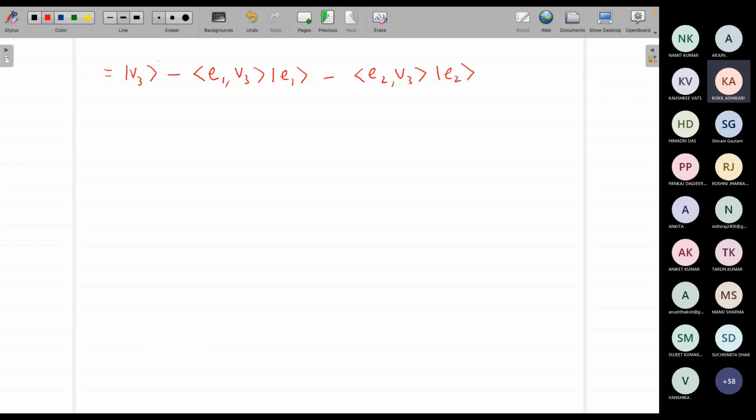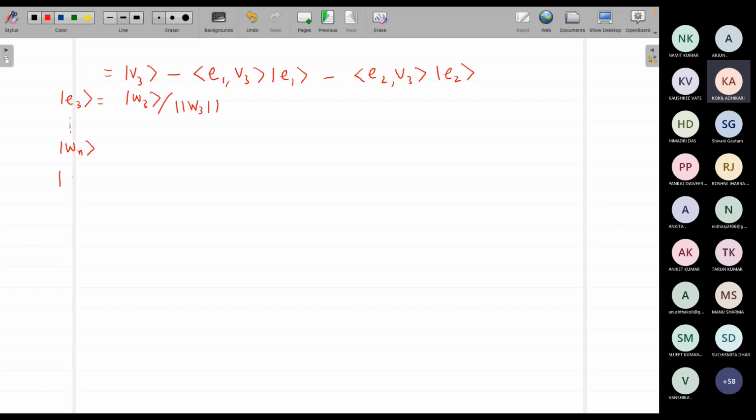Please see that this particular vector we have made will be orthogonal to both W1 and W2. And again, you can make your E3 in this manner: it will be W3 divided by its magnitude.